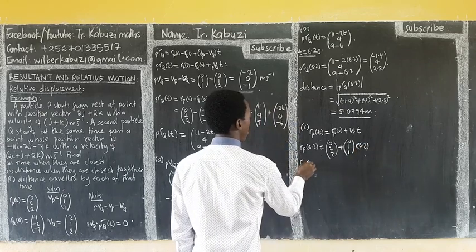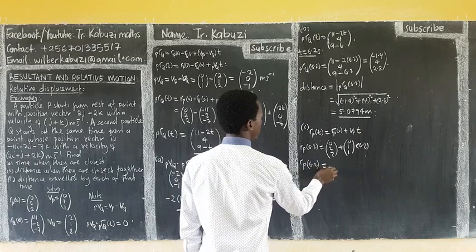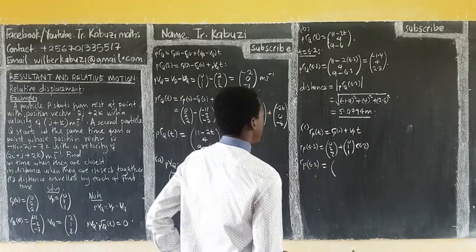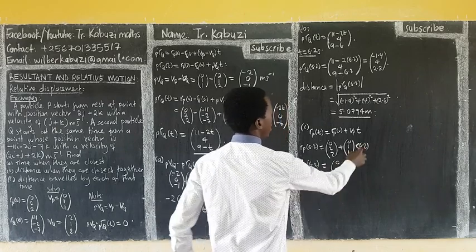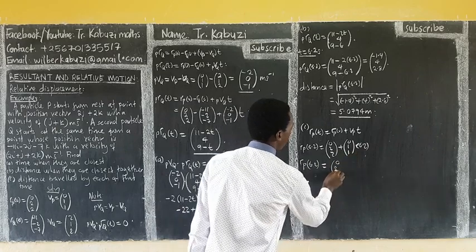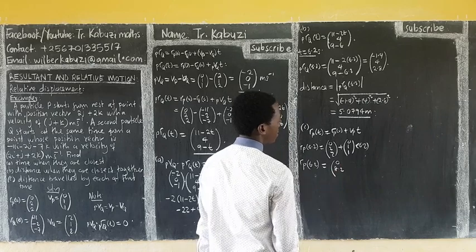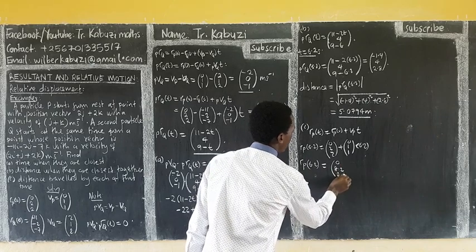So our R at 6.2 is going to be 0, then 6.2 plus that we have 8.2, then 6.2 plus that we get 8.2.